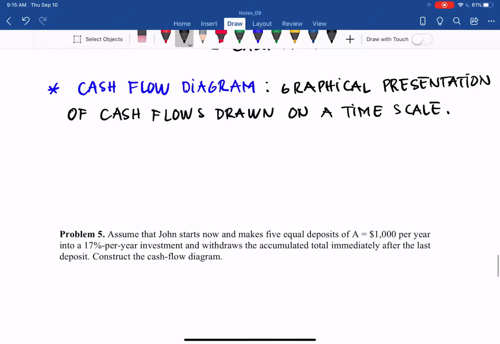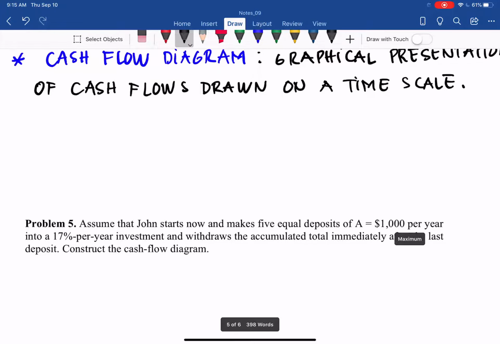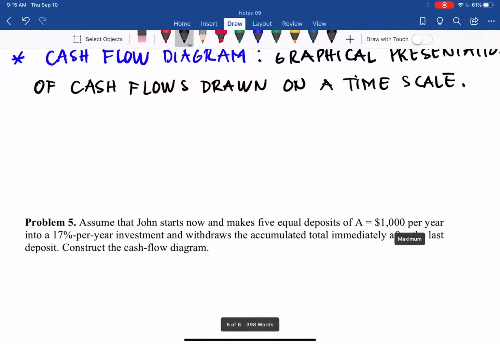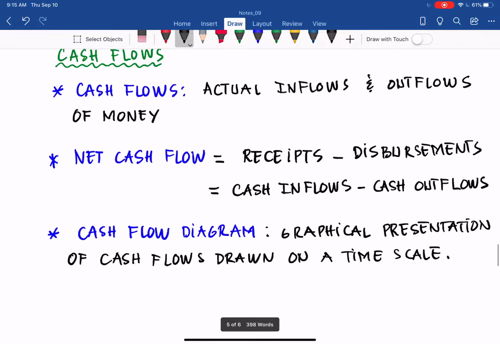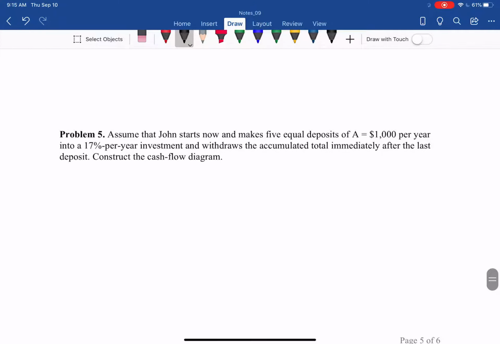In this case, the time scale is every year, since there are 5 equal deposits, one per year. And the cash flow is the actual inflows or outflows of money. So we just draw that on the time scale. Let's start with the time scale.